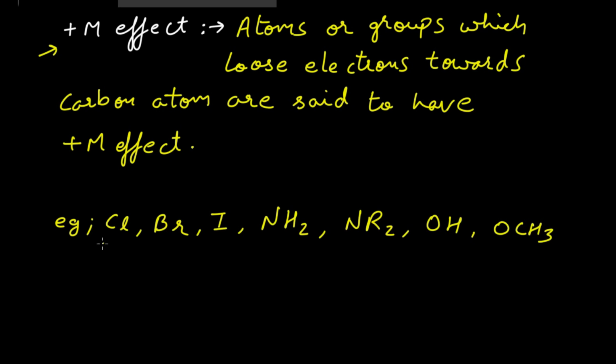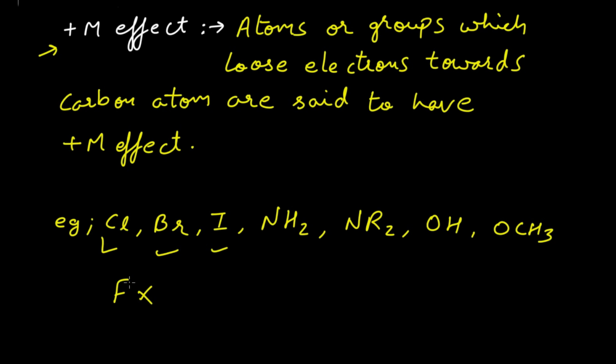Now fluorine is not there, chlorine is there, bromine is there, iodine is there, but fluorine is not there. Why? Because fluorine is of very small size and fluorine is highly electronegative, and will not allow its electron to go towards any other atom. So that's why fluorine is not there in case of mesomeric effect.